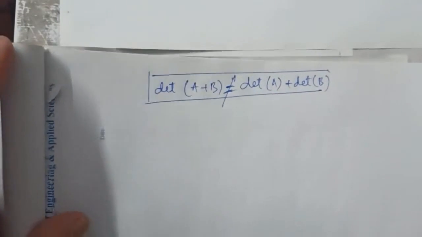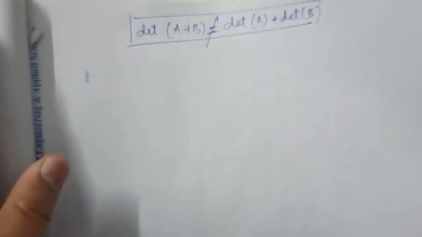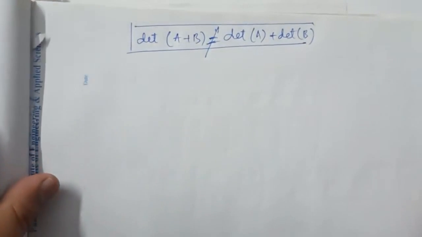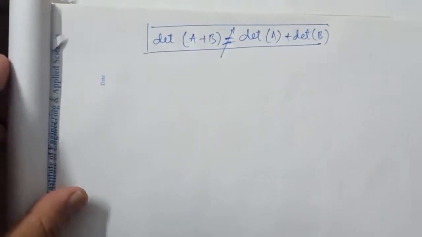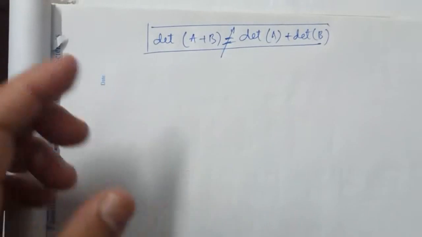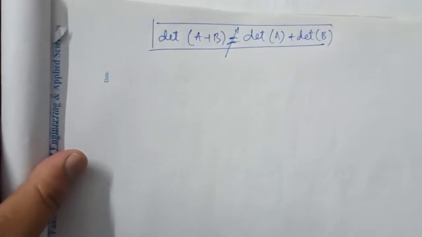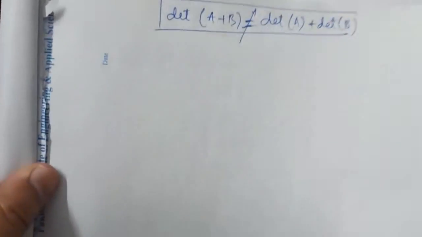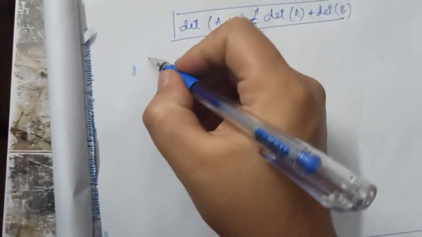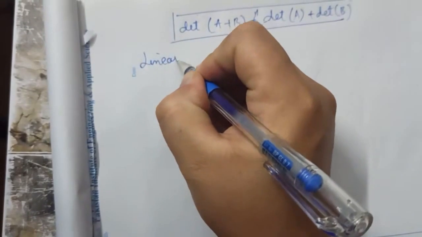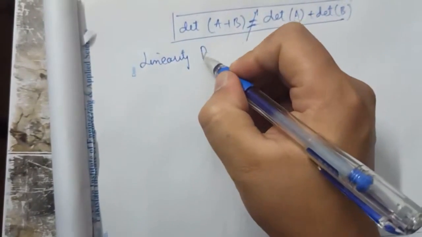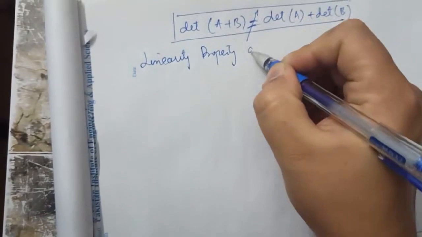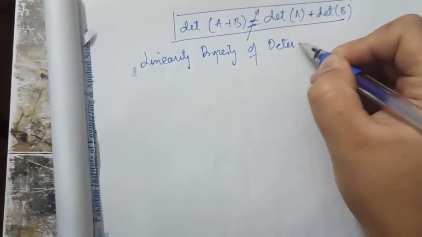There may be some specific cases where it may be true, but most of the time it is not true. And we'll discuss the cases in which they become true. But let's talk about another important property, which is the linearity property of the determinant function.